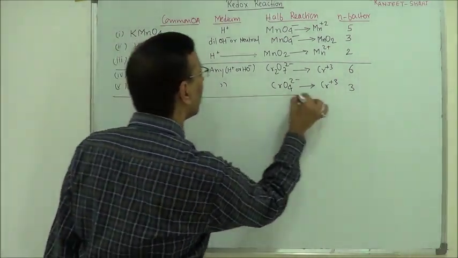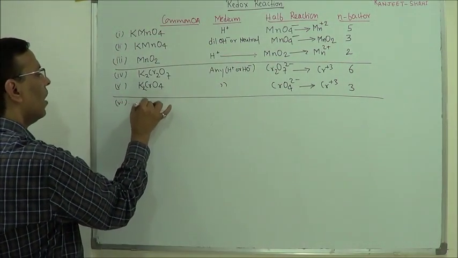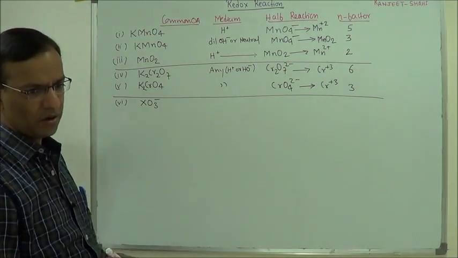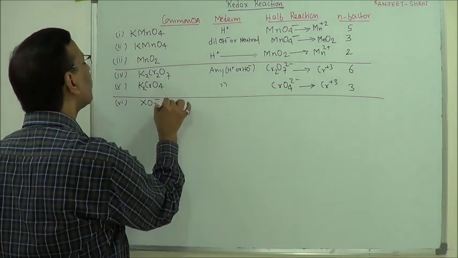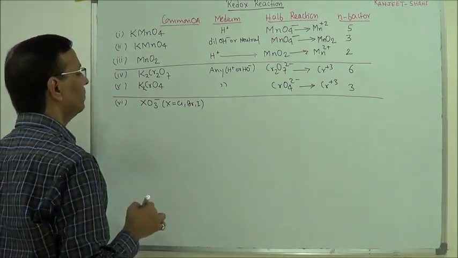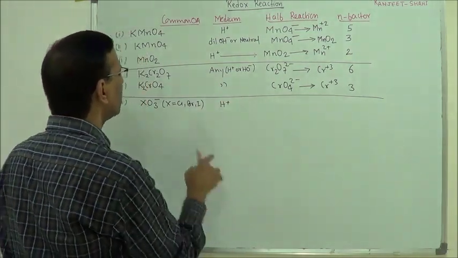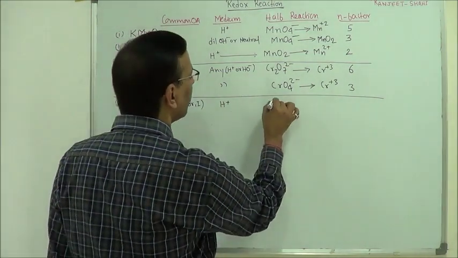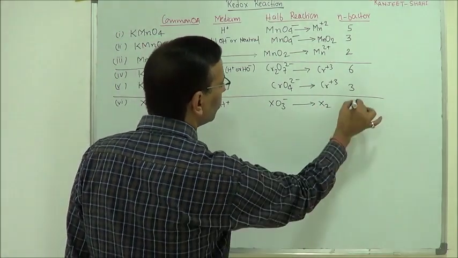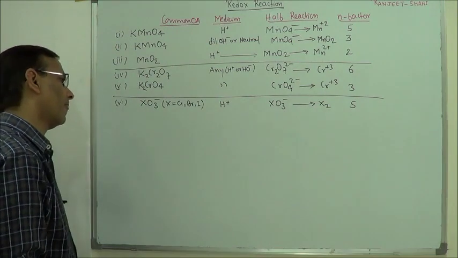Then comes XO3 minus, that is also a very common oxidizing agent, where X could be chlorine, bromine, iodine, and if medium is acidic, then it is converted to X2 and change will be of 5 units.